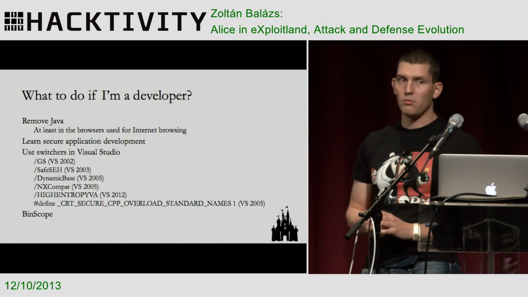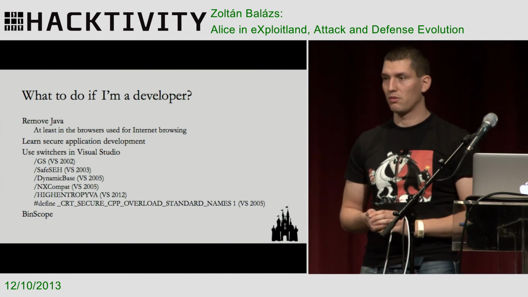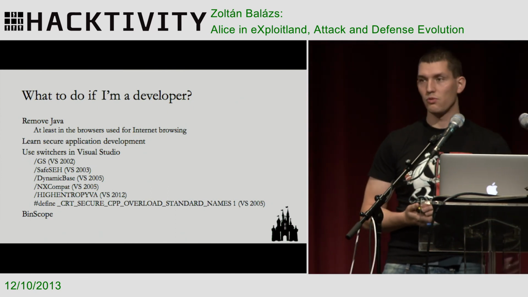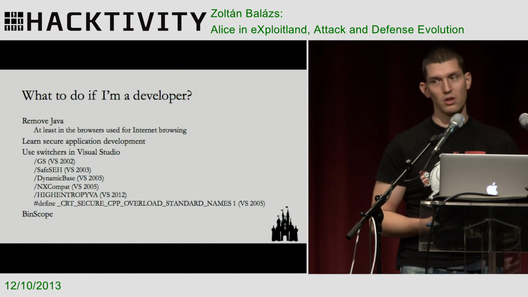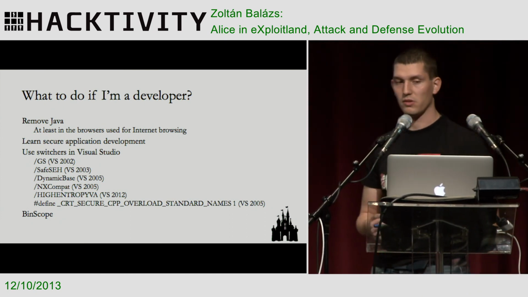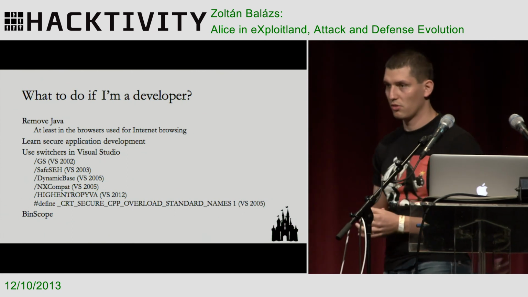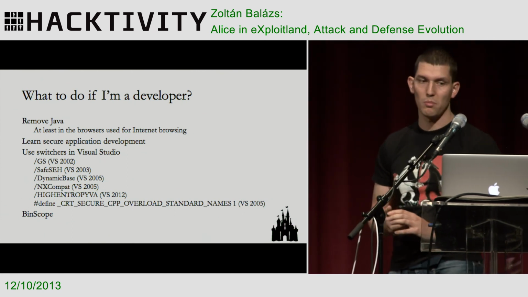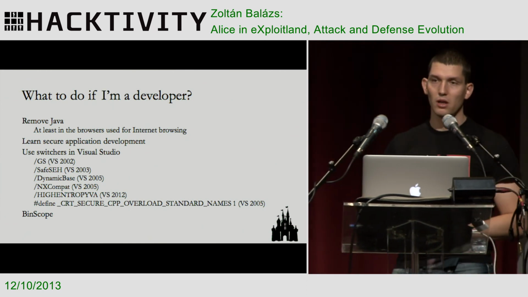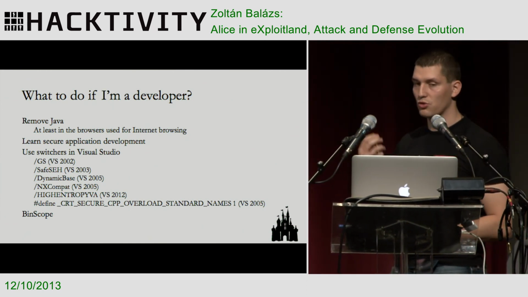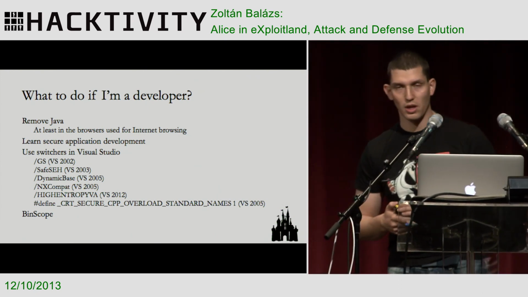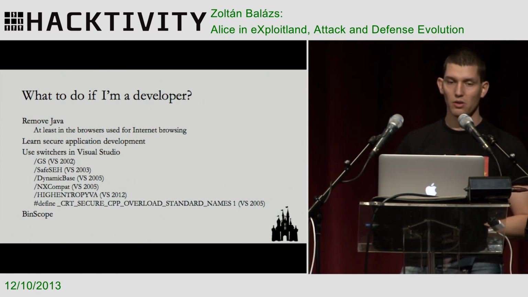If you are a developer, how many of you are developing stuff? Great. So again, you should remove Java from your browser because you really don't want to develop code with a Trojan in your operating system. You should also learn some secure application development. And if you are building and compiling all your stuff, for example, with Visual Studio, these are the switches which can be used, and sometimes they are turned on by default.